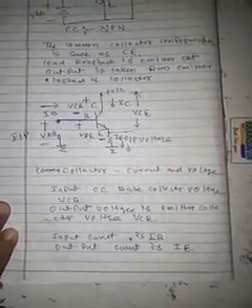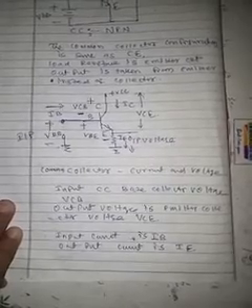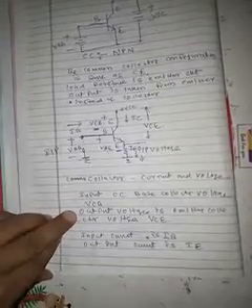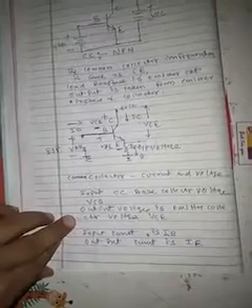So let us see what are the input voltages, input currents, output voltage and output current. Input for the common collector configuration is VCB and the output voltage is VCE, and the input current is IB and output current is IE.